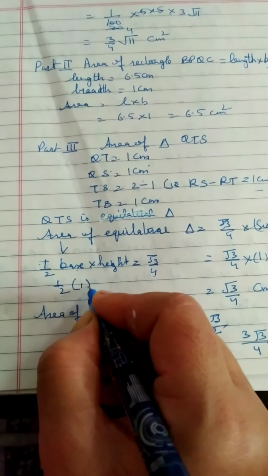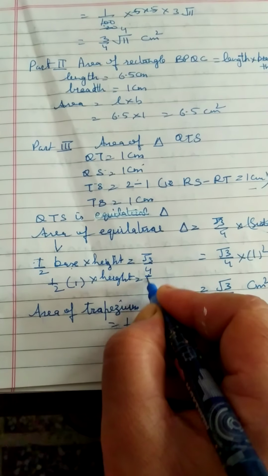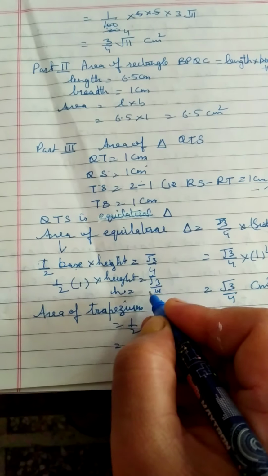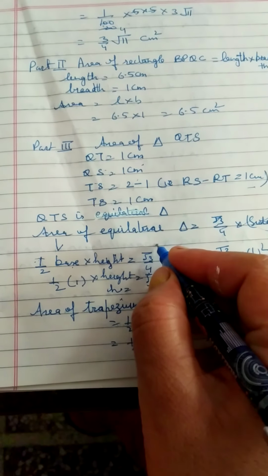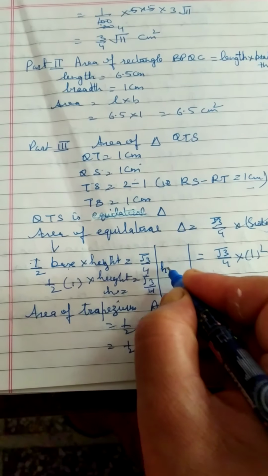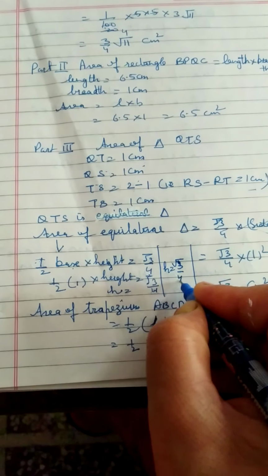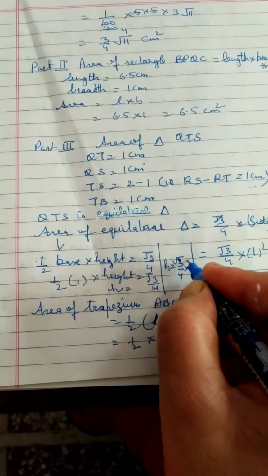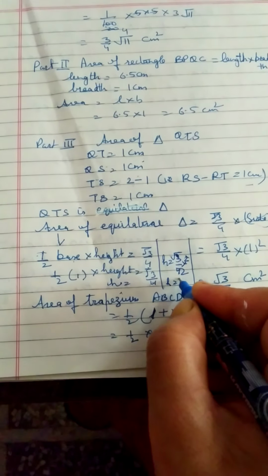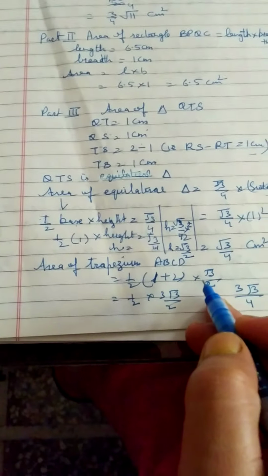Half of 1 into height is square root 3 by 4. Then from here we will get height is equal to square root 3 by 4 into 2. Then height is square root 3 by 2. That height we have used here.